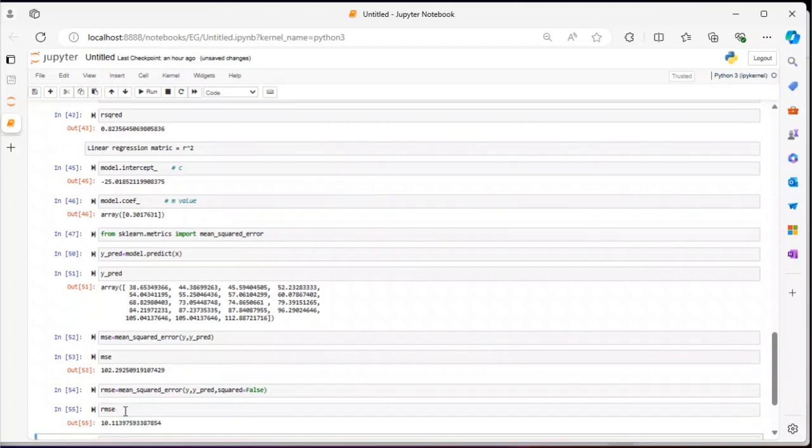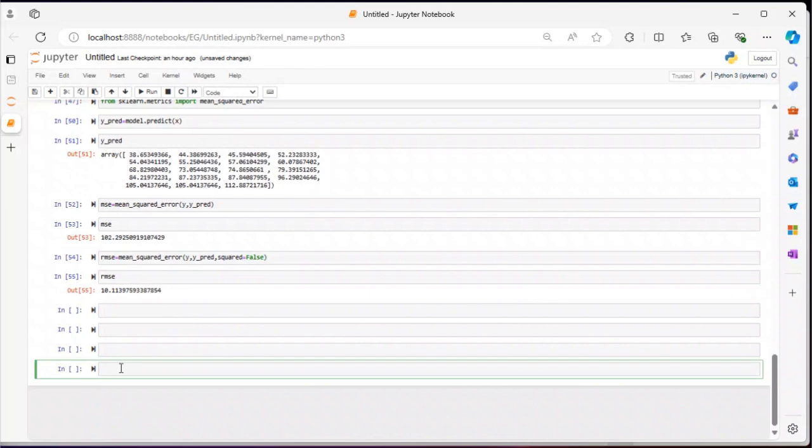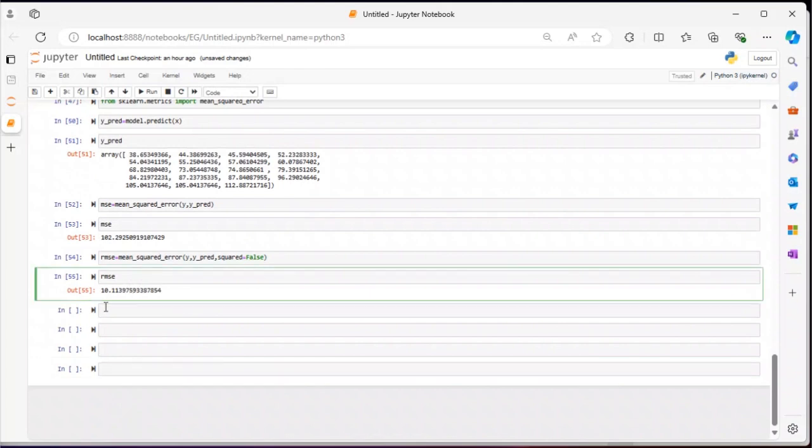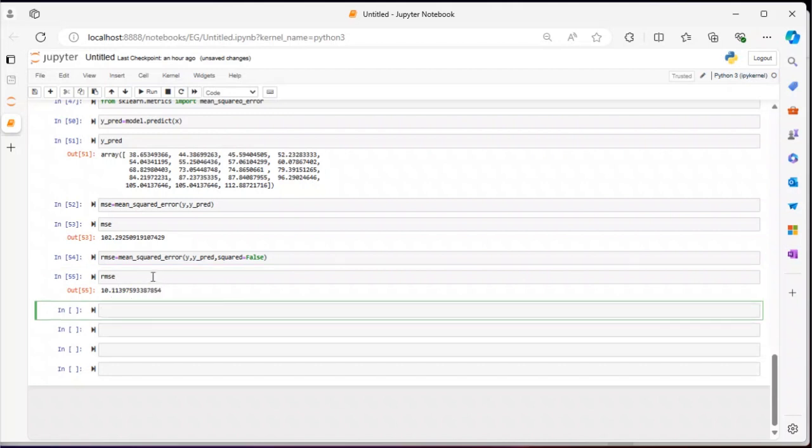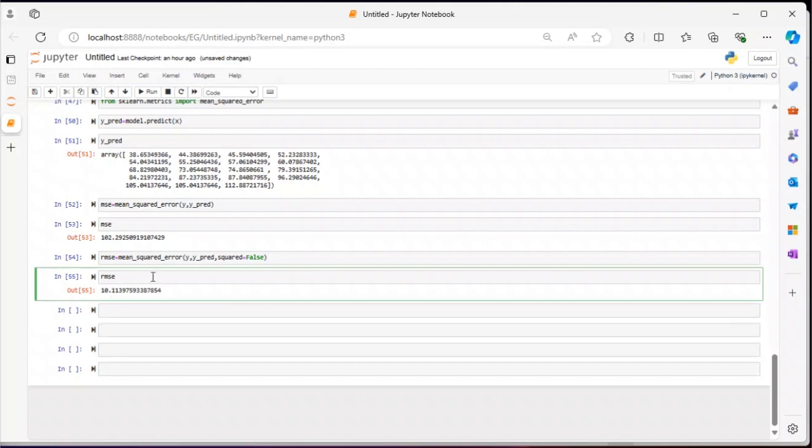Now RMSE, we got 10. It means the error is still there, but it is not significant. It is tolerable.